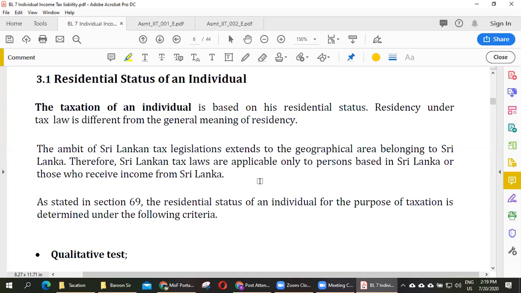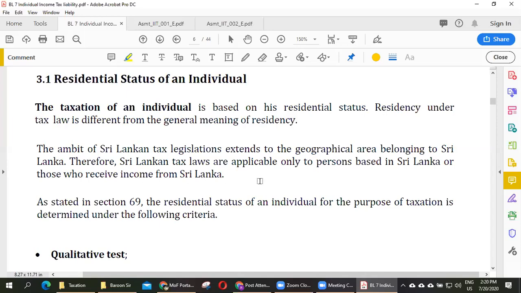This is a common definition, but in the view of tax, in the view of the Inland Revenue Act, the definition of resident and non-resident is different.